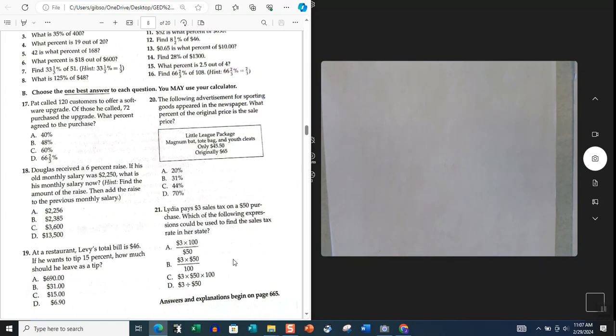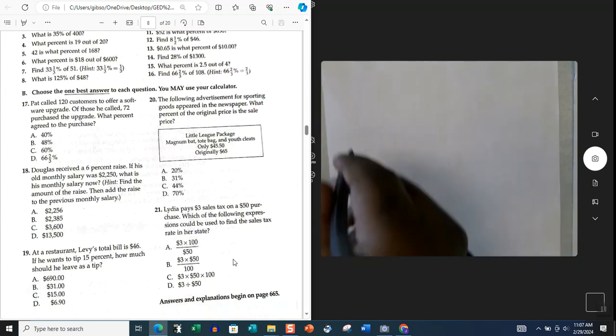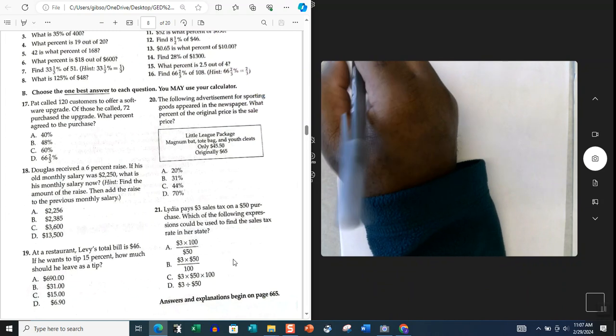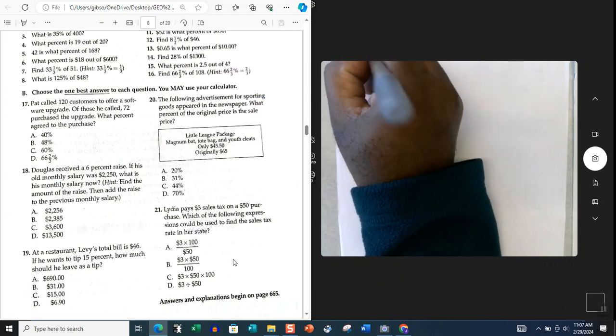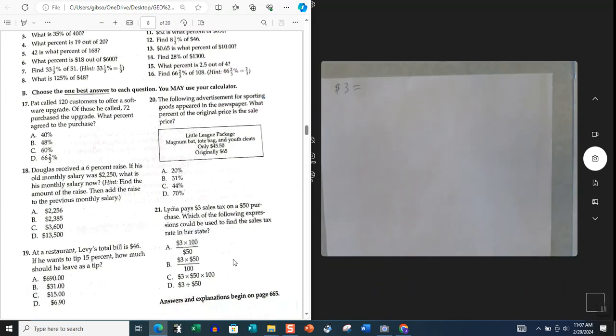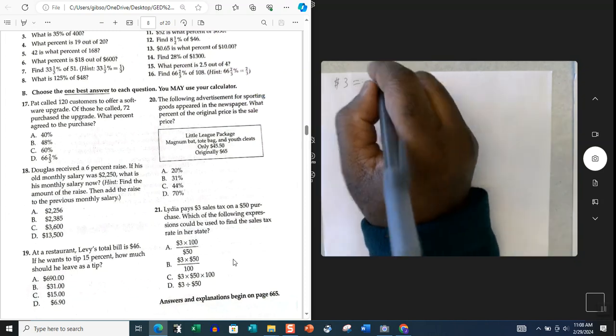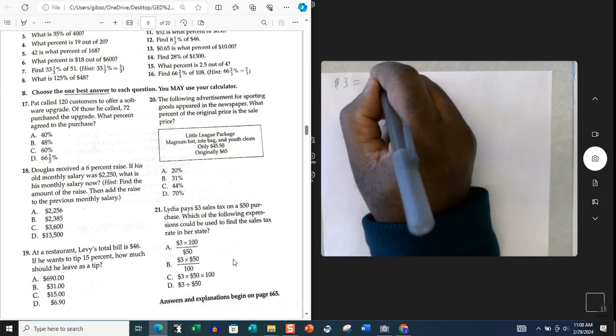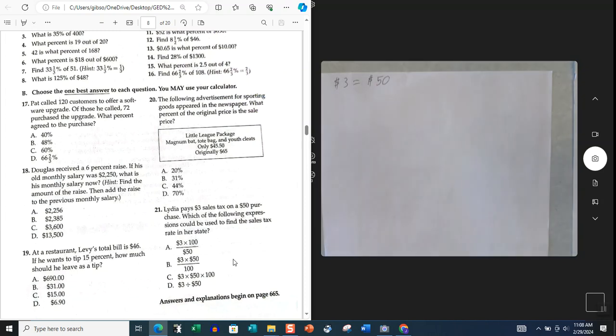She paid $3 in sales tax, so the sales tax is $3. She paid that on a $50 purchase.